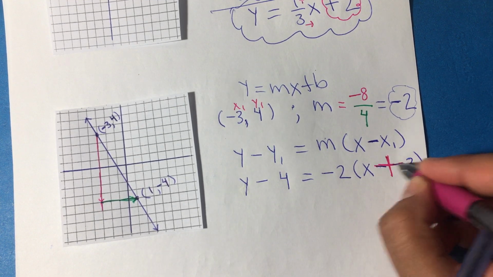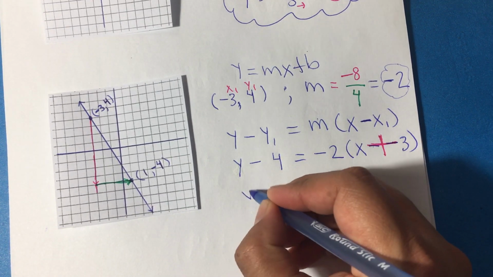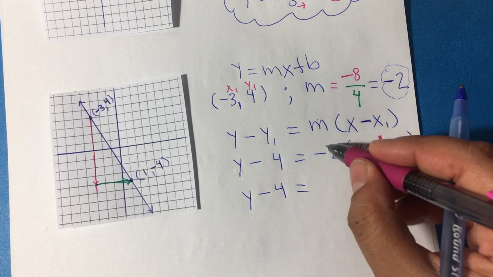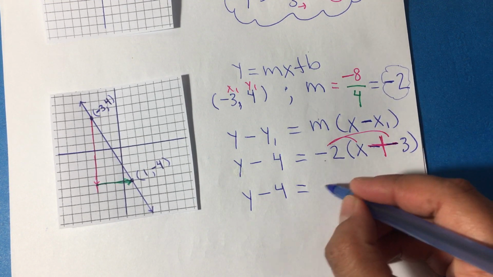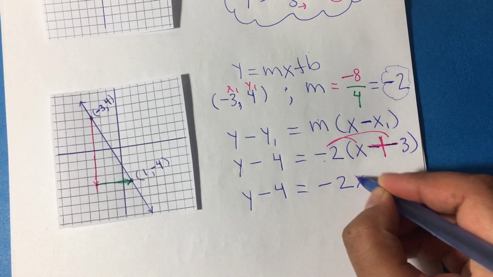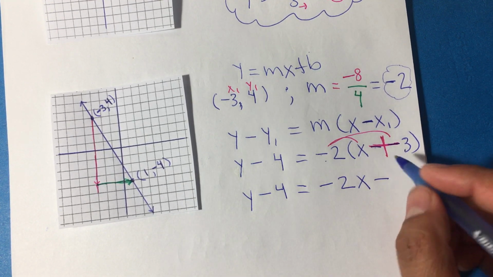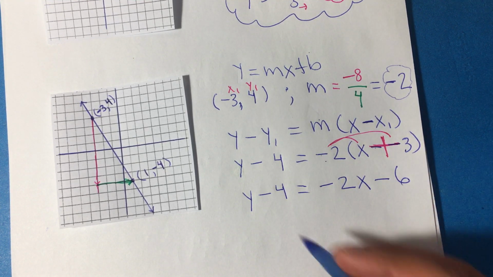So big that the 3 is not negative anymore, it's positive. Bring down this y minus 4. We use distributive property. -2 times x is -2x. Negative times positive is negative, and 2 times 3 is 6.